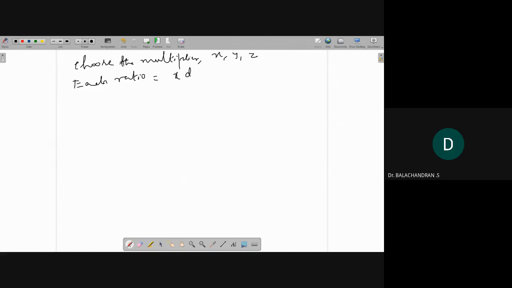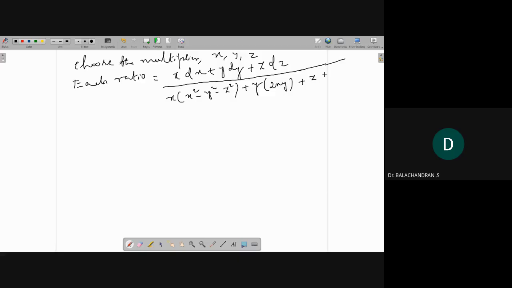So each ratio is equal to x dx plus y dy plus z dz divided by x into (x square minus y square minus z square) plus y into 2xy plus z into 2zx.